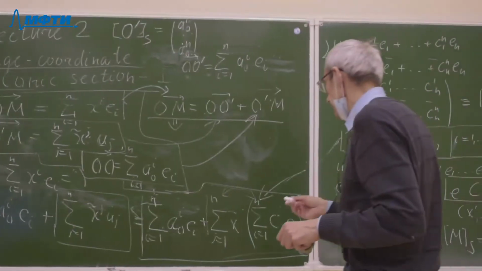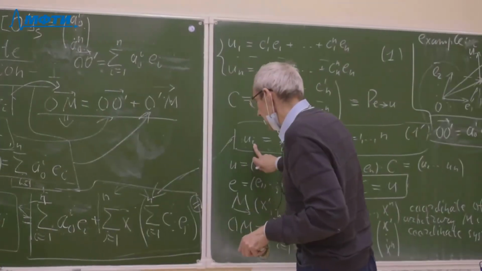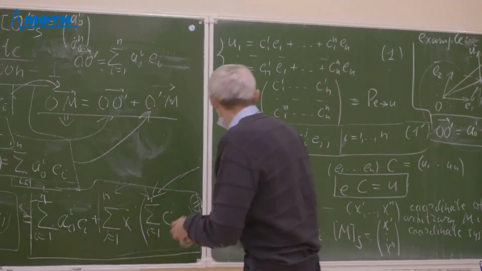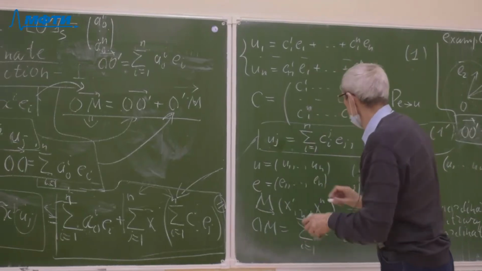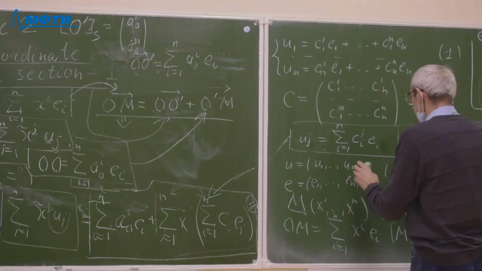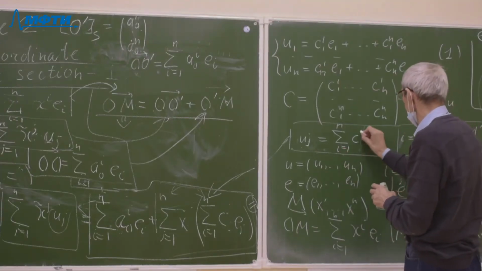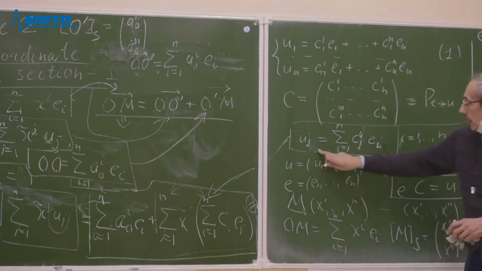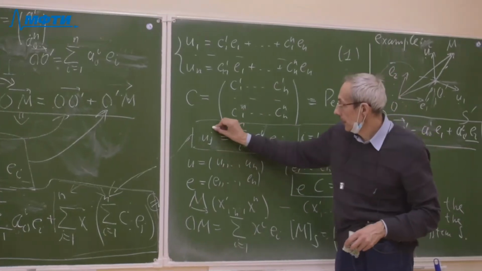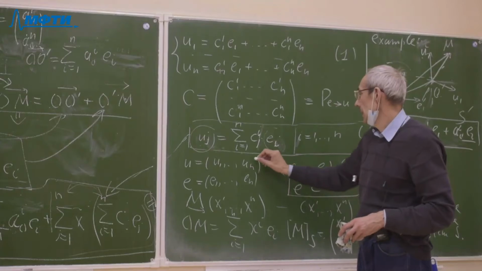Let's change... U_j is equal to E_i, excuse me, it's a mistake.